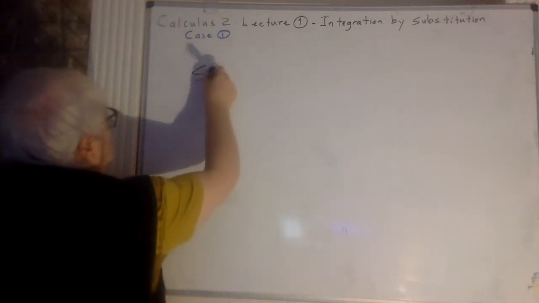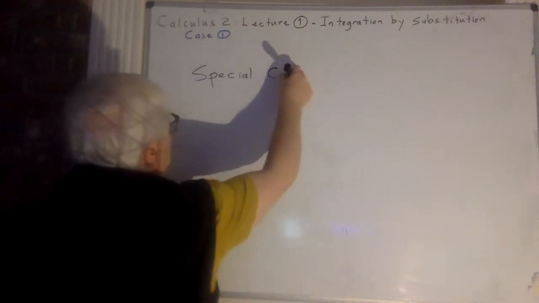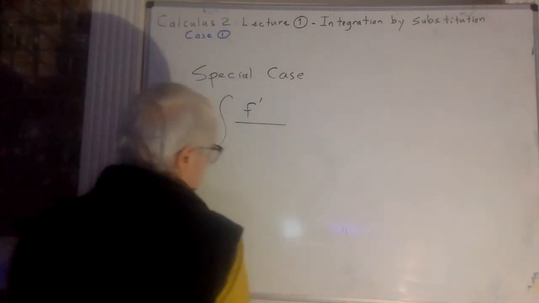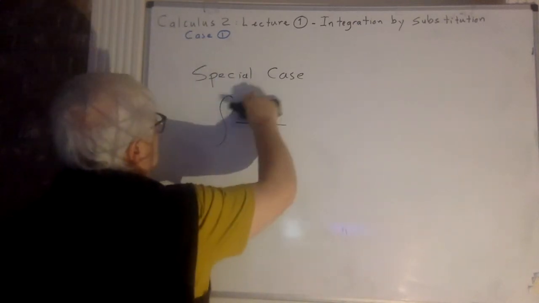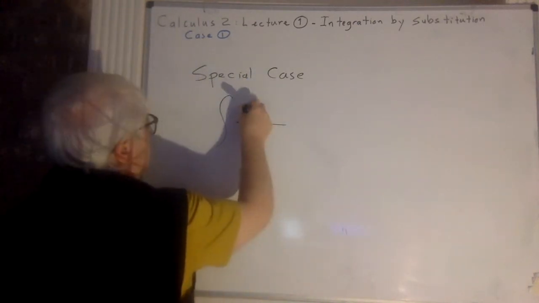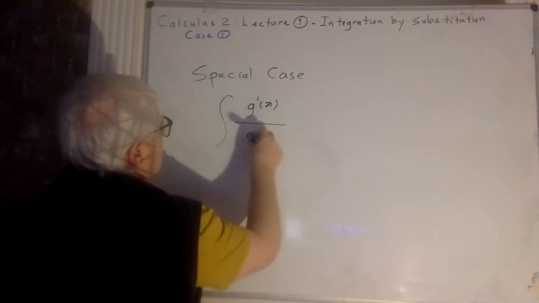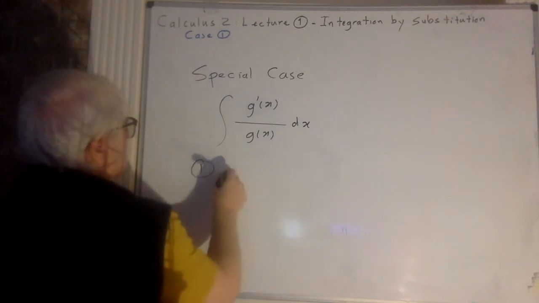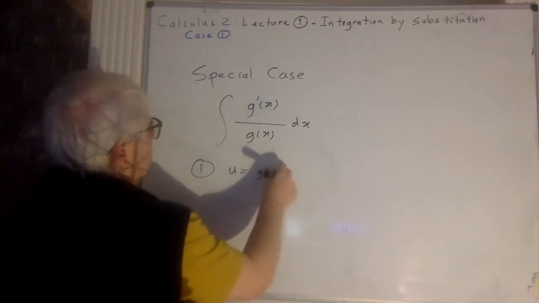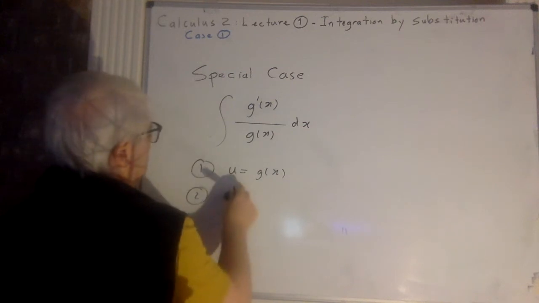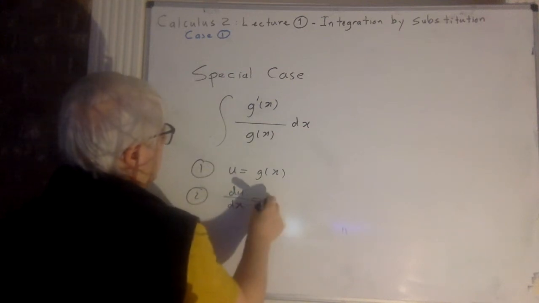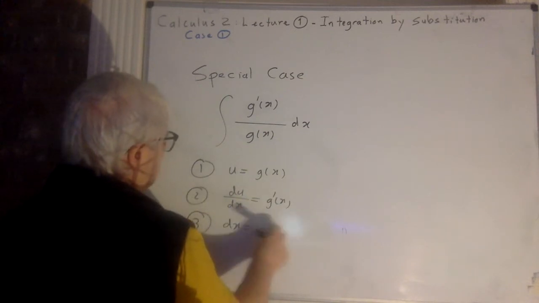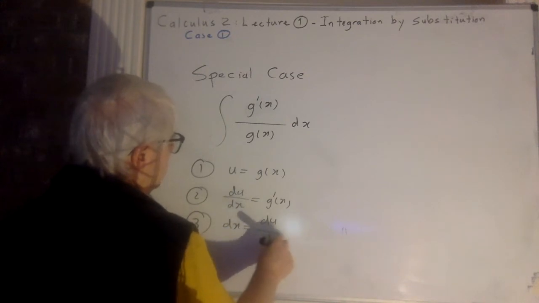So, the special case is this. Special case is if I have g prime x over g x dx, right? So if I let u be g x, then du dx is g prime x, and dx is du over g prime x.